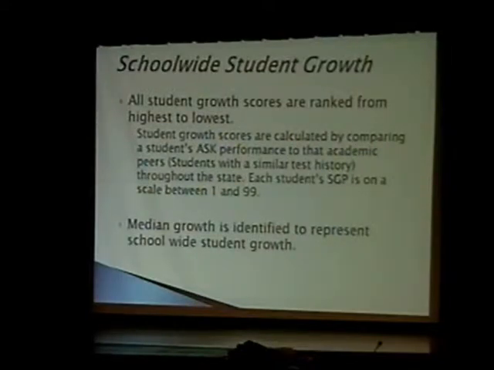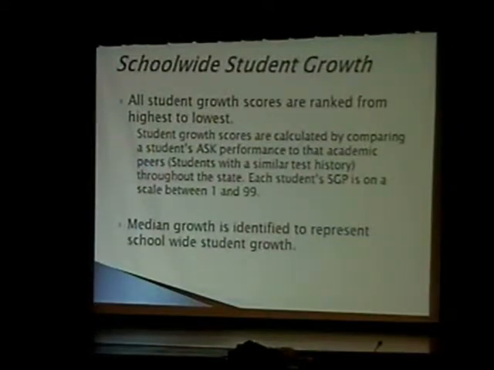So there is, again, an entire statistical formula that looks at a student's test performance compared to other children with a similar test history. And then a median is identified in terms of growth. If you do not remember mean, median, and mode from school, median is the middle.